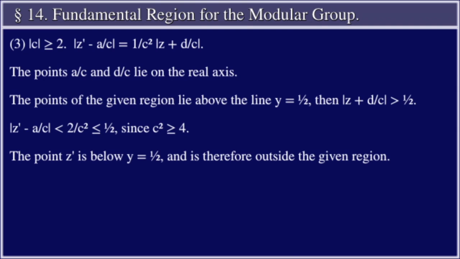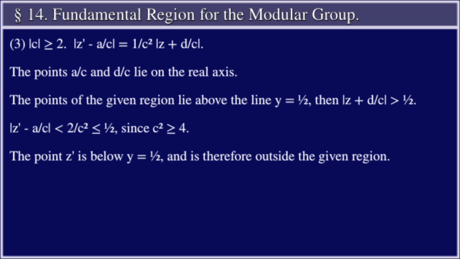3. The absolute value of c is greater than or equal to 2. The absolute value of z prime minus a over c is equal to 1 divided by c squared times the absolute value of z plus d over c. The points a over c and d over c lie on the real axis.